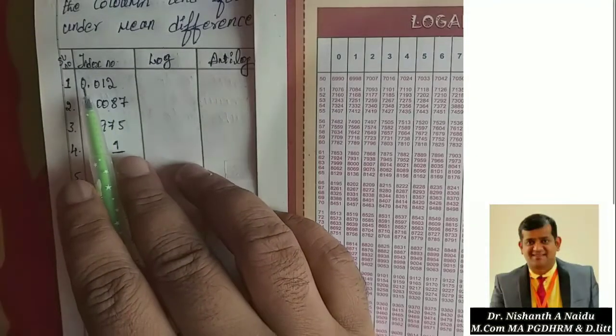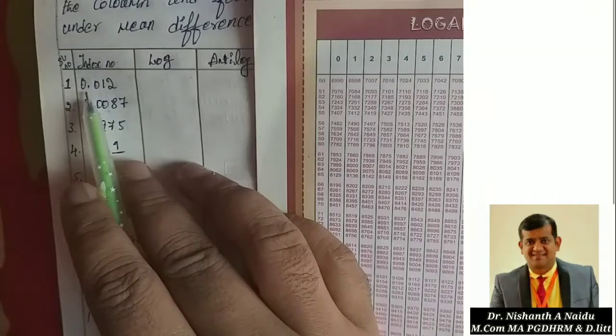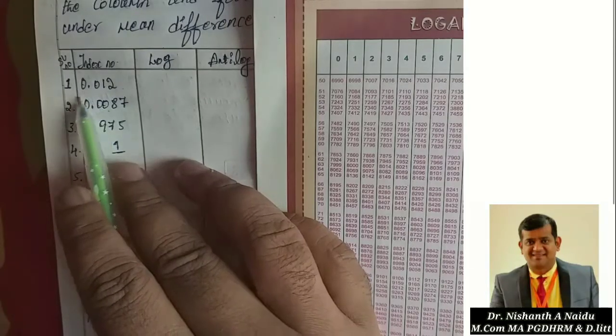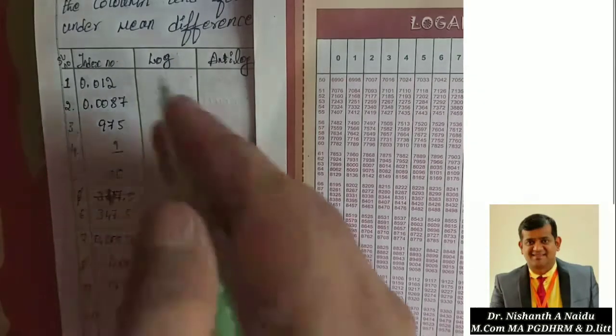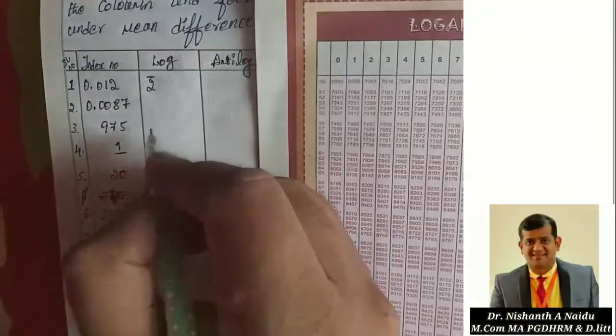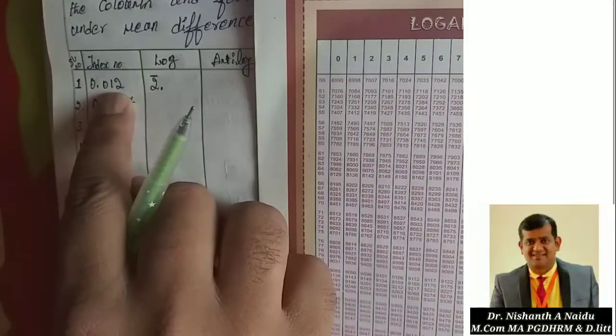0.012 is there. As per the law of logarithm, which I have already taught you in my previous video, this will become minus 2. So how are you going to write minus 2? Minus 2, point. Then you have to find 12, 0 in the logarithm table.